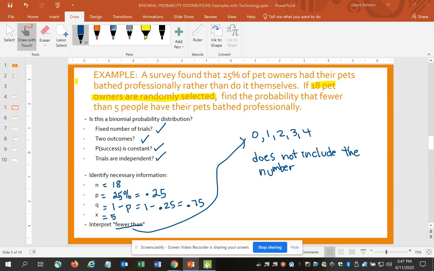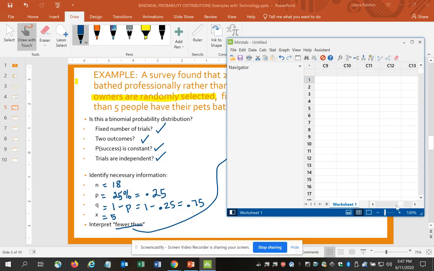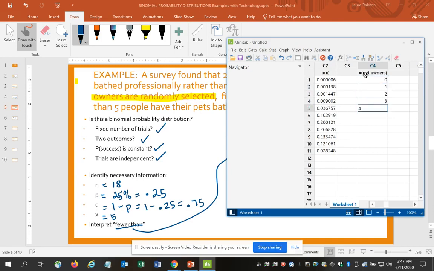So again, let's go out to Minitab. We can use a different column on our spreadsheet if we want. So just so we don't get confused, I'm going to go over to column 4, and this is going to be the number of pet owners that have their pet bathed professionally. Again, we can have none, and our total sample goes up to 18.